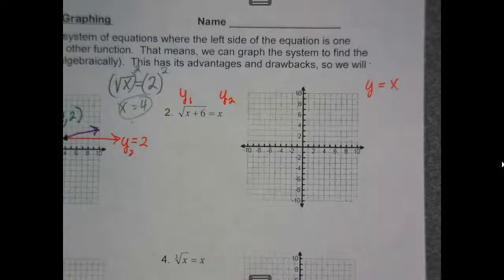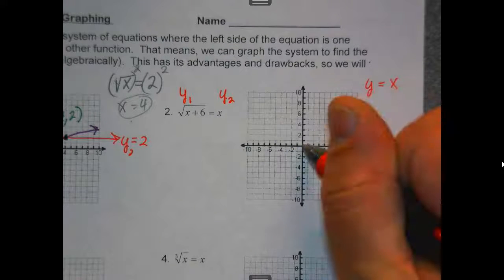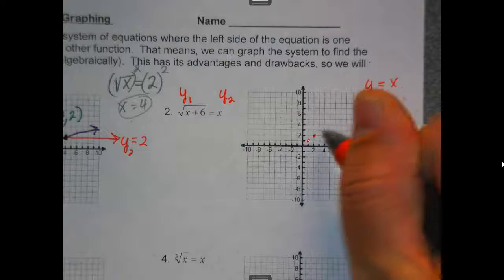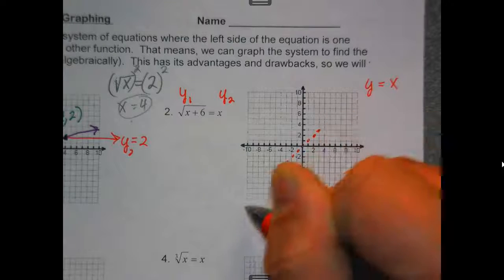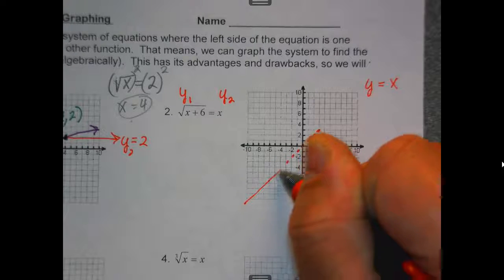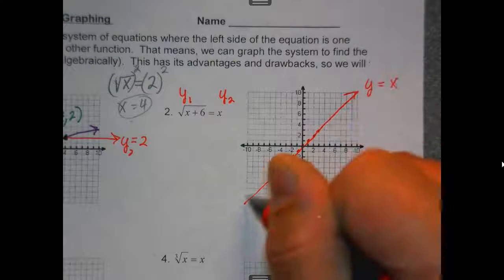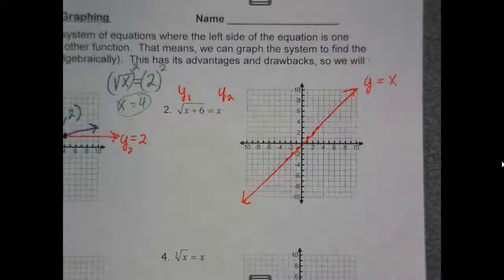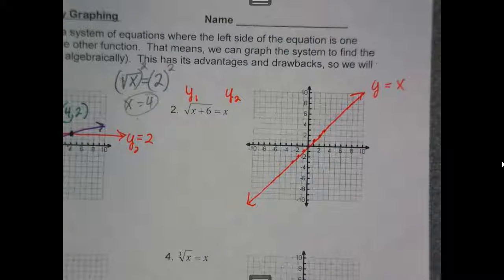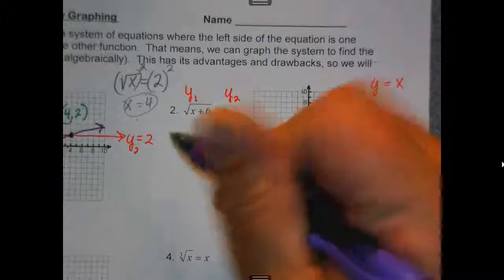It becomes very famous after this course if you go on. 0, 0, 1, 1, 2, 2, 3, 3, negative 1, negative 1, negative 2, negative 2, negative 3. So it's a line that actually bisects our graph diagonally. It's our y equals x line. That's that function. The other function, y equals square root of x plus 6.